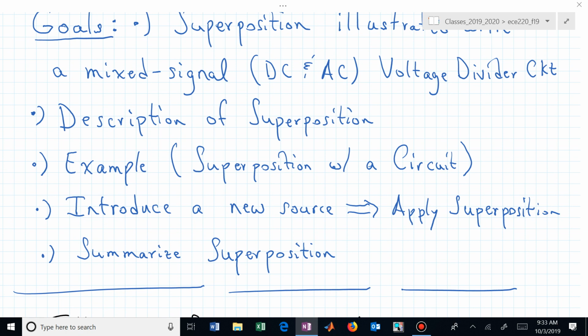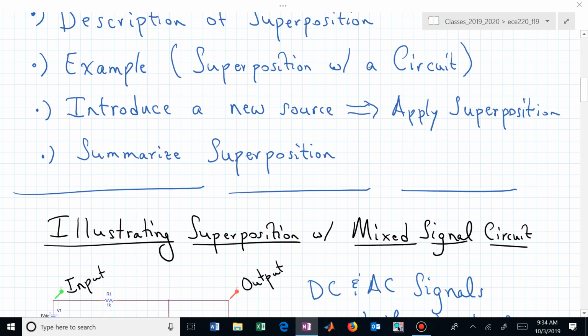Now we just deactivate what we just did, so in a way retain the voltage that we had, but now we introduce one more source and see what it produces at the output, and then add that to what we just found. We'll summarize what we've talked about today with respect to superposition at the end.